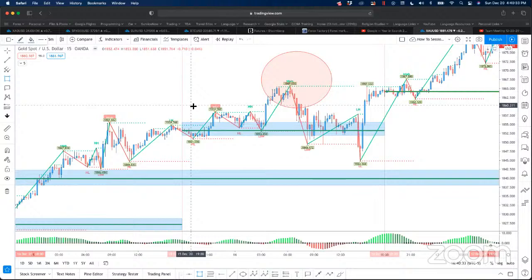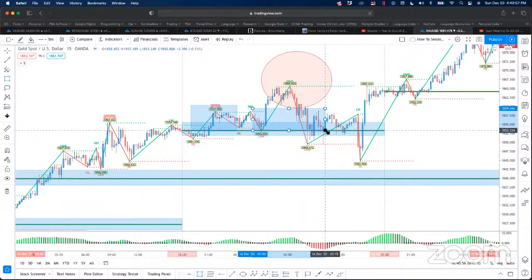Tokyo and Sydney, they start pretty much around here. London starts pretty much around here. And I would expand London to, we get to 11:30, 11:12, where we see London and New York cross, right?